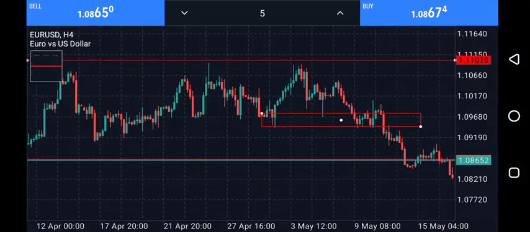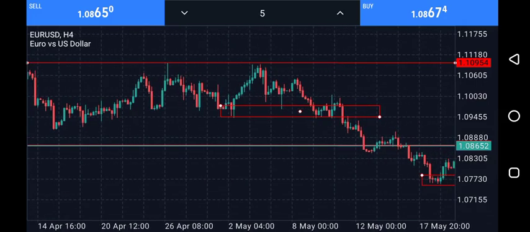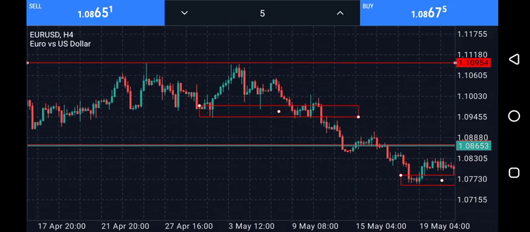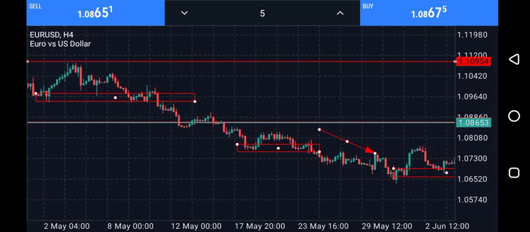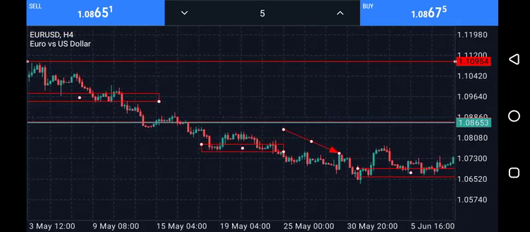Did it? Let's look. Yeah, it just acted as a resistance zone. And when market got back to that order block zone, it bought for a while, but sold eventually. So it's not a valid zone. Okay, so that's how we identify order blocks.